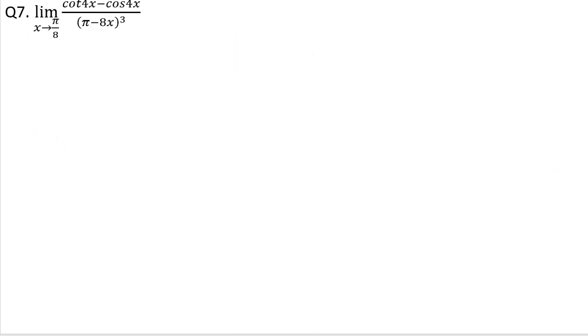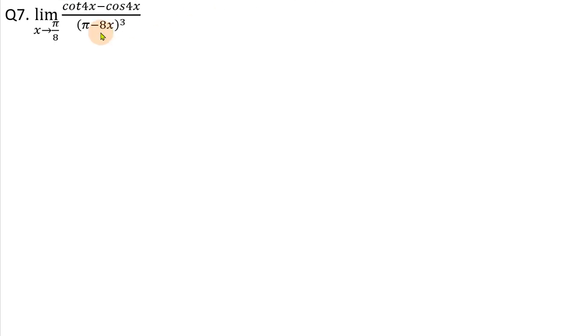The next question is limit x approaches pi by 8, (cot 4x minus cos 4x) upon (pi minus 8x) whole cube. So again I'm going to put h equals pi minus 8x. As x approaches pi by 8, h approaches 0, and the angle in the numerator is 4x.